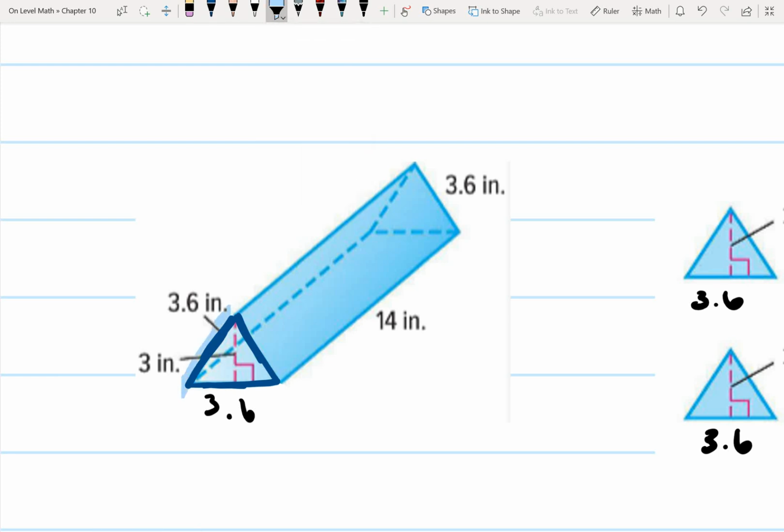This side is 3.6 inches. This side is 3.6 inches. This side, even though it doesn't have something right next to it, if you look over to the back, it's 3.6 inches. So this triangle, if you had to classify the triangle by the length of the sides, is an equilateral triangle.